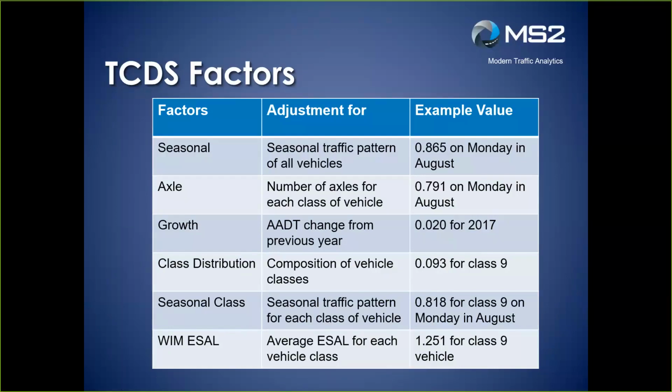That way, if I know how many class 9 vehicles there are, then I can estimate the ESAL value for this location. So these are the terminologies we use in our system, and BJ will go in and show you the interface for a couple of popular factors like signal and axle, but the other factors have an identical interface.